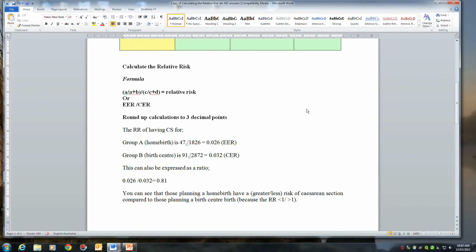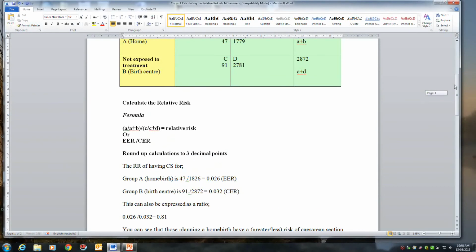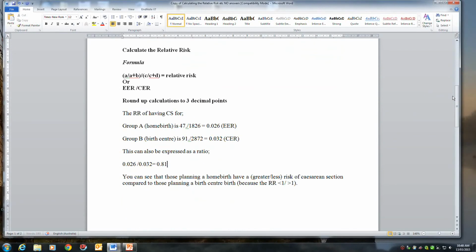So you've calculated a relative risk here. The relative risk is 0.81, and what does that mean? So it means that those planning a home birth have less risk of the outcome, which is caesarean section. They have less risk because this relative risk is less than 1. There we are.